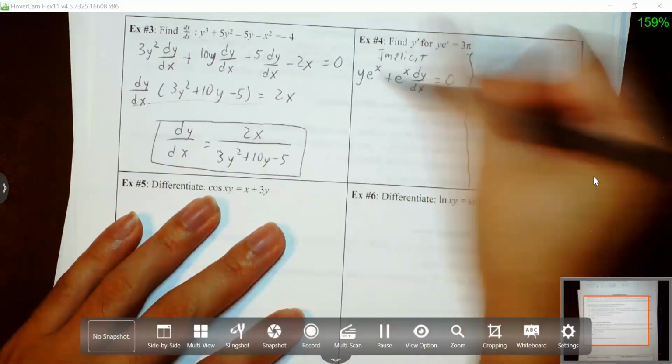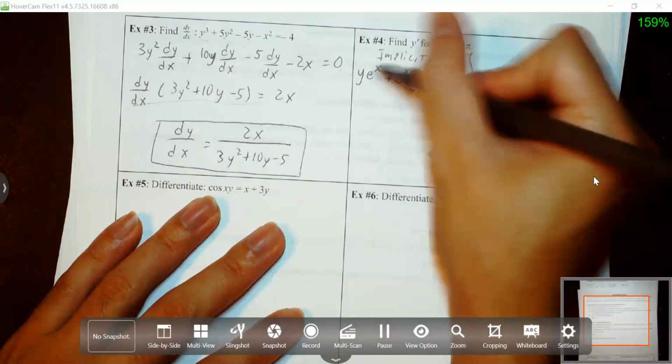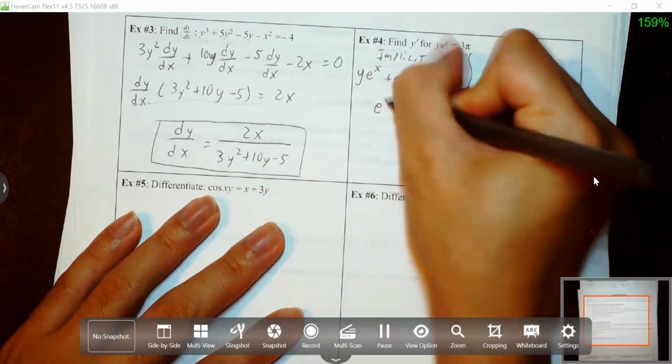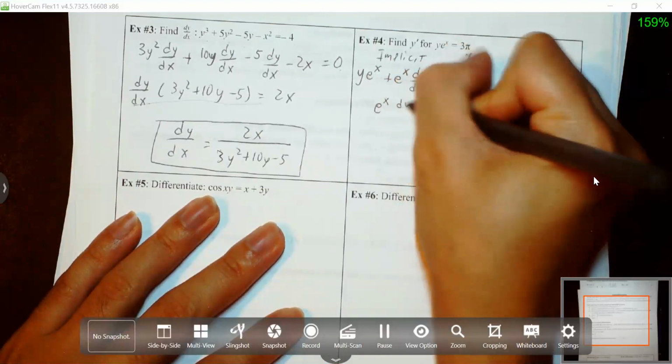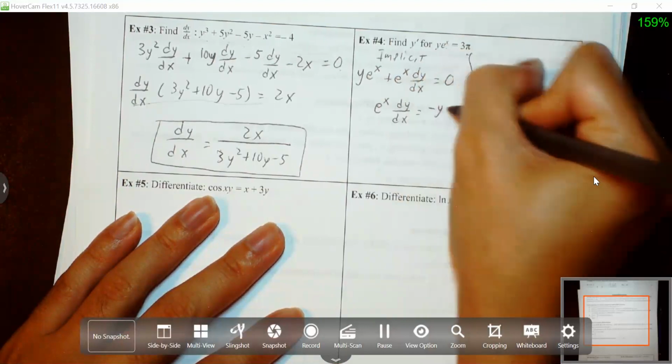Now this becomes really easy to solve. The dy dx is here, so I need to bring this to the other side. So I get e to the x dy over dx is equal to negative y e to the x.